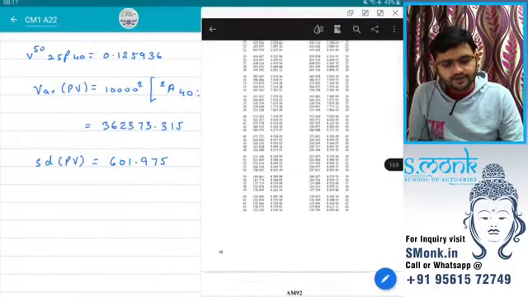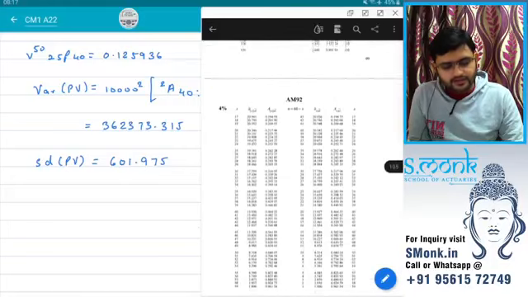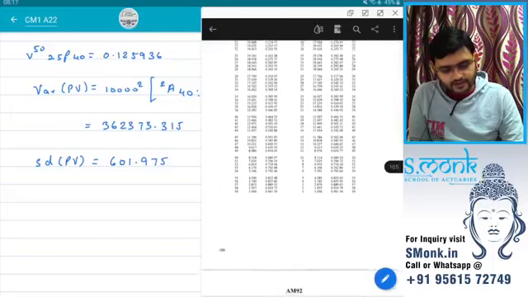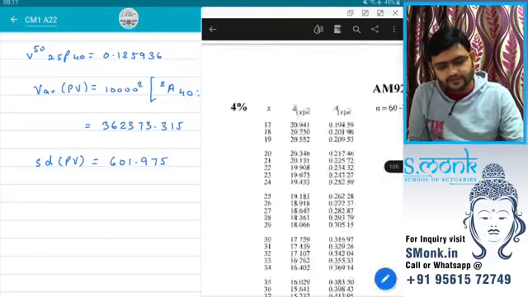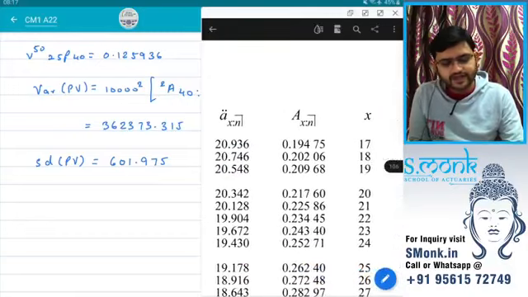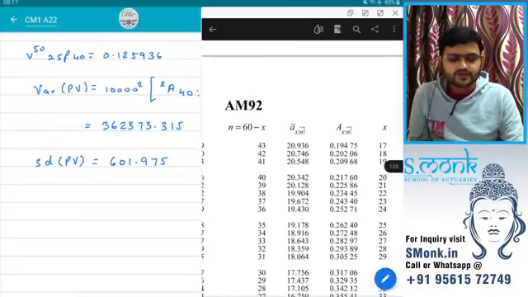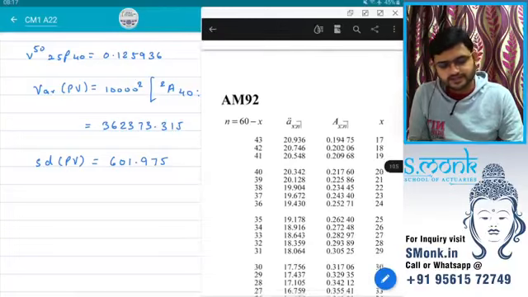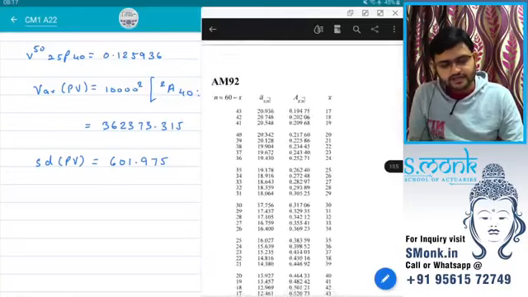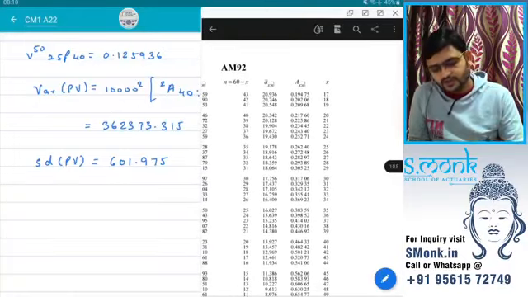If we go three pages further, on page number 100, you will see for 4% we have a table where they have directly given us our endowment value, A_{x:n}. This is specifically for n equals 60 minus x.